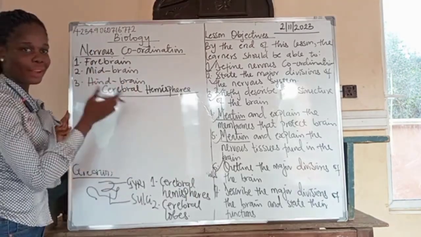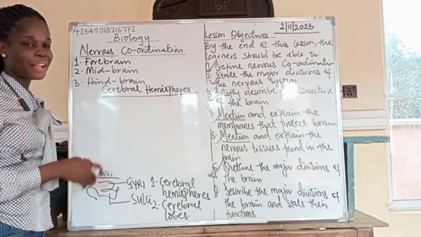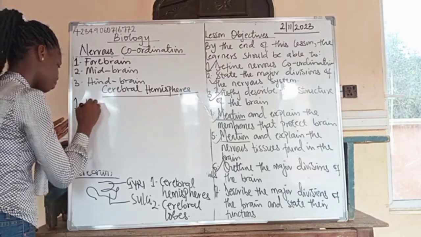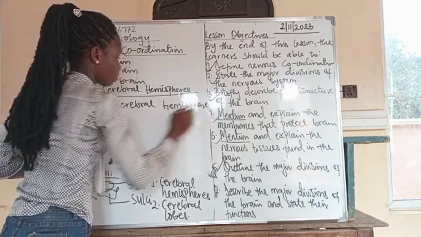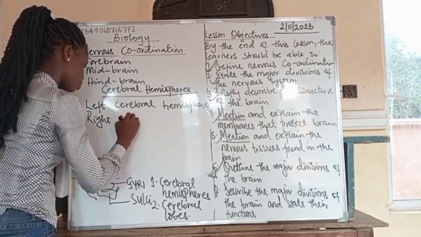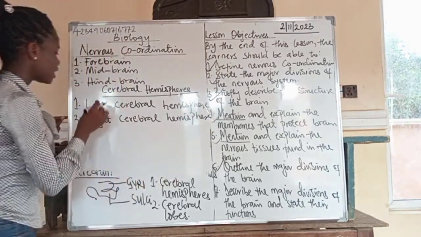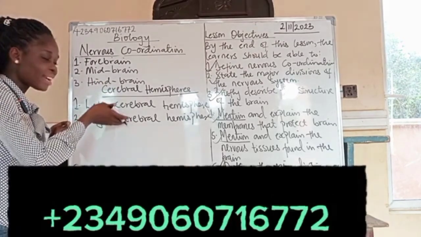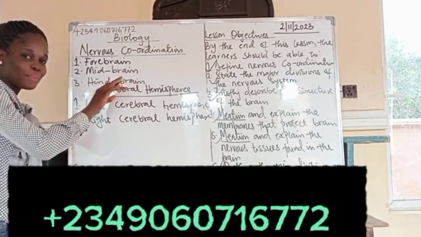There are two cerebral hemispheres: the left cerebral hemisphere and the right cerebral hemisphere. The left cerebral hemisphere controls the right part of the body, while the right cerebral hemisphere controls the left part of the body.